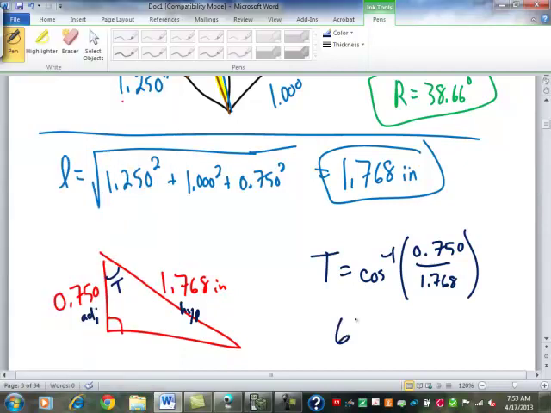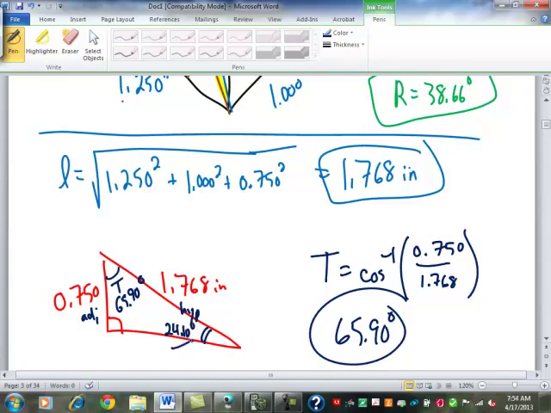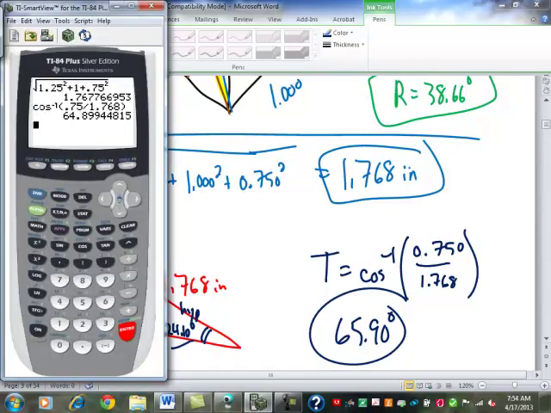65.90 degrees. So that means this down here, if I was looking for that angle, would have to be 24.10 degrees. Any questions? Let's see what I do.